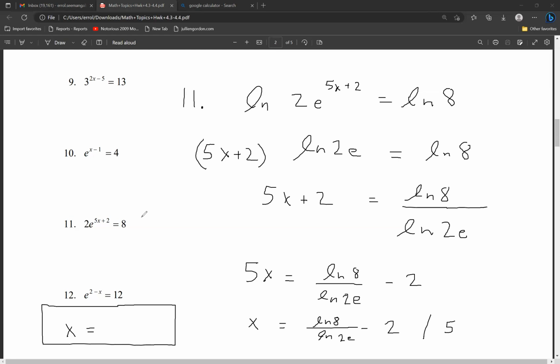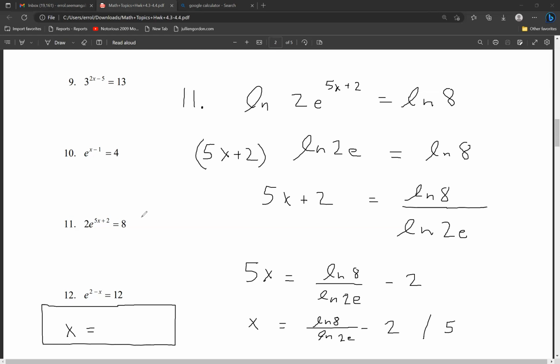I put in the 2e, but it's making me put an exponent next to it. The exponent would be 1. Divided by 5. Yeah, yep. No, minus 2 first.